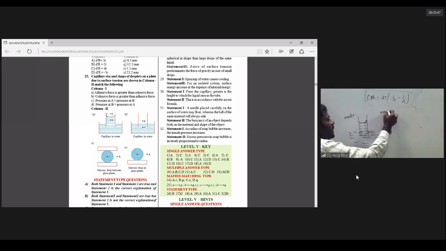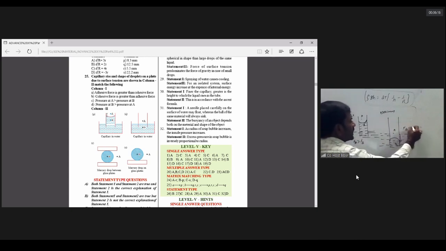If you take mercury, for example, when dipped in the liquid, it falls down like this. See now, you can calculate the forces, B, A. Here FA should be greater than FB.